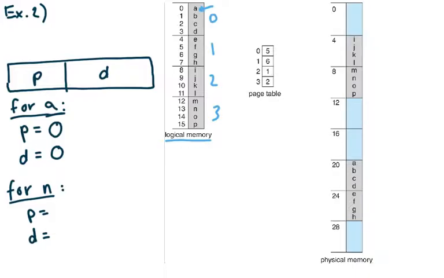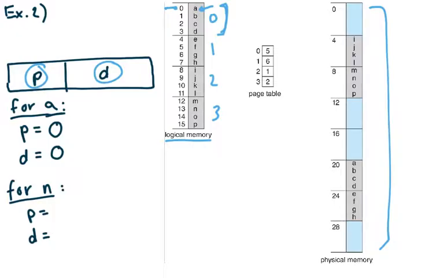Now we need to figure out where A is sitting here. To do that, we are going to find the P and the D for A. So for P, it is sitting in the 0th page. So P is 0. And for D, it doesn't have an offset, right? So A is the very first memory address within that page. So it has no offset, so its offset is 0.